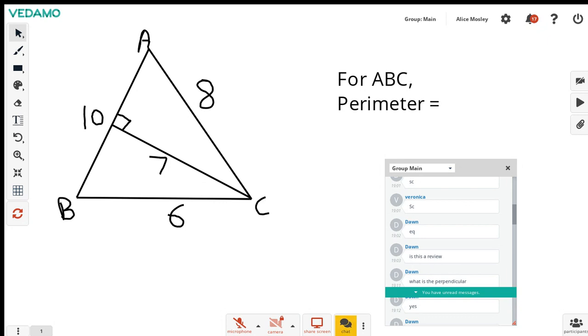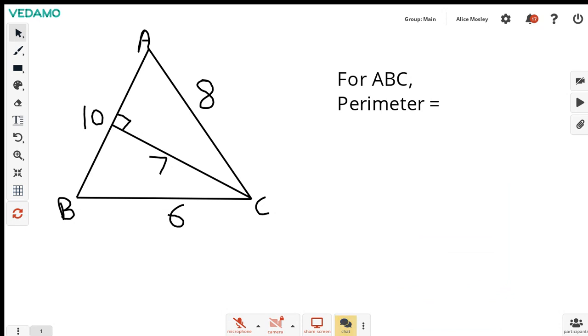Yes, so what is the perimeter for triangle ABC? Okay, 24. Yes, Miss Dawn, it's 24. Everyone got this correct. The perimeter for this triangle is 24.